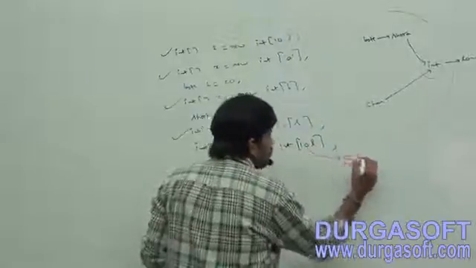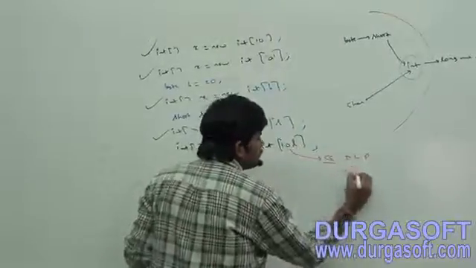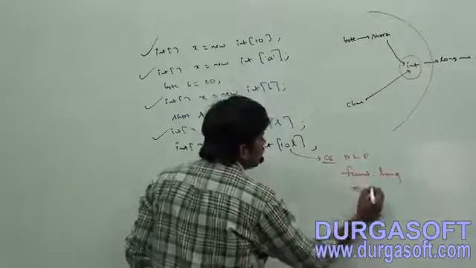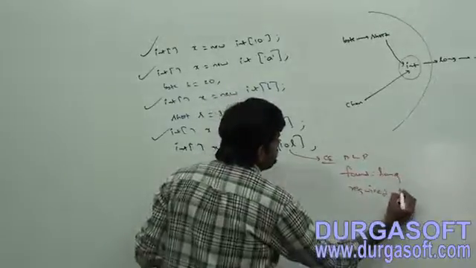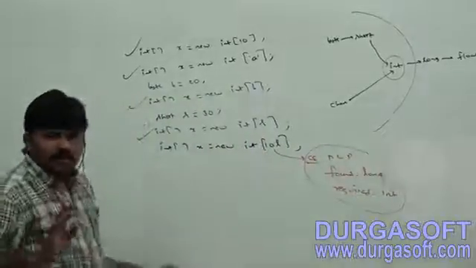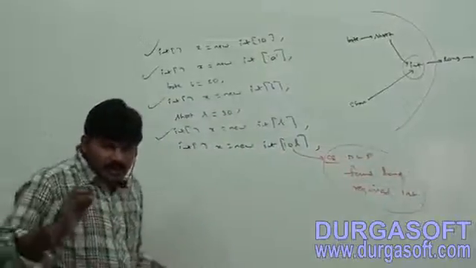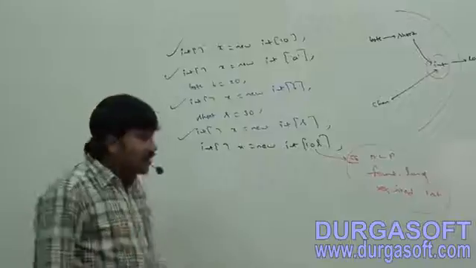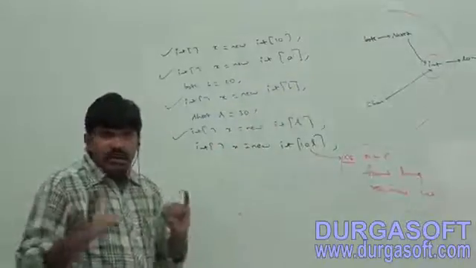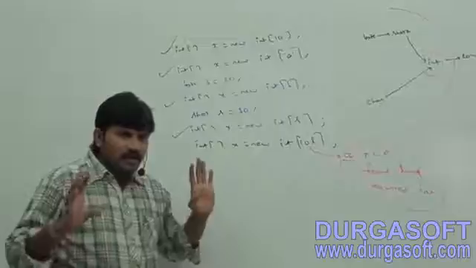Immediately we get a compile time error: possible loss of precision. Found long, required is int. Are you getting it? To specify array size, the allowed data types in Java are byte, short, char, int. By mistake, if you provide any other type, we will get a compile time error.